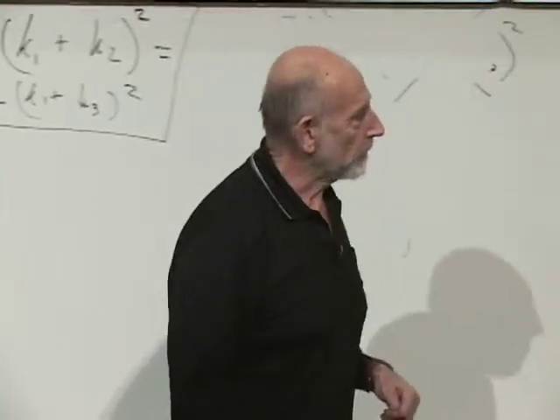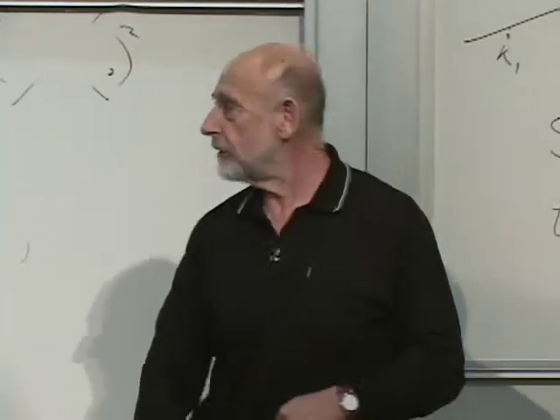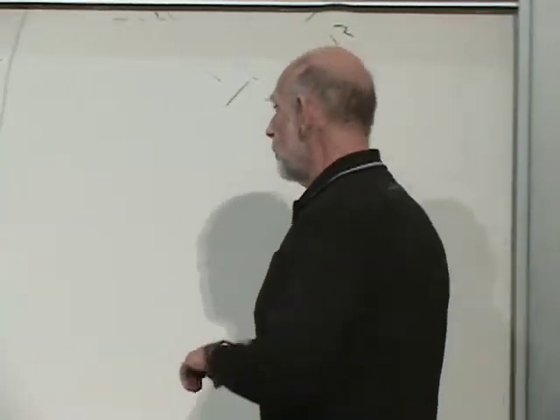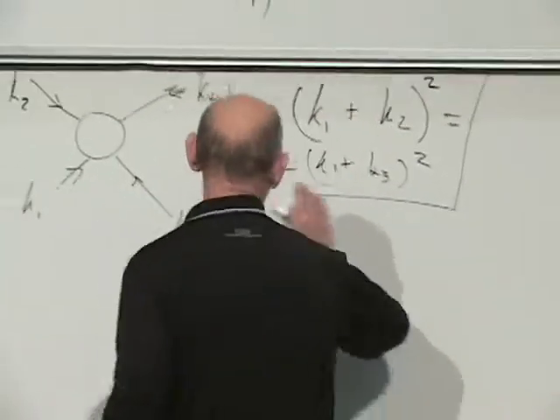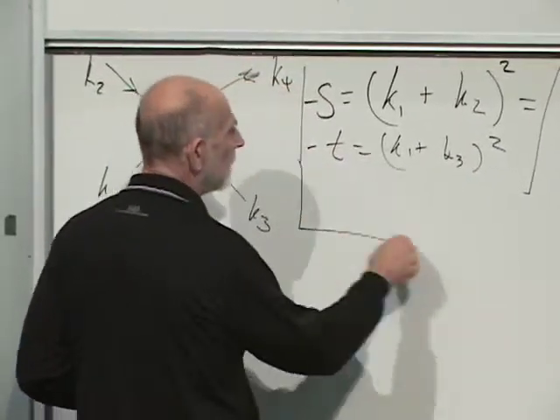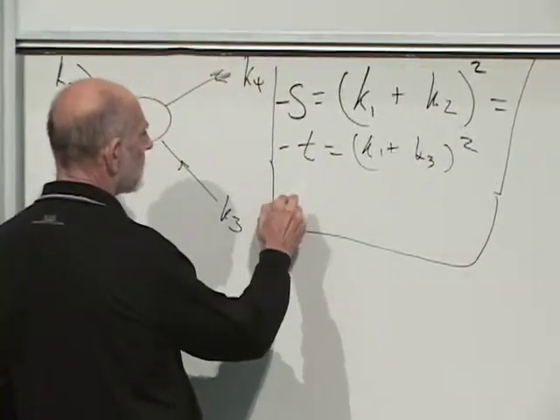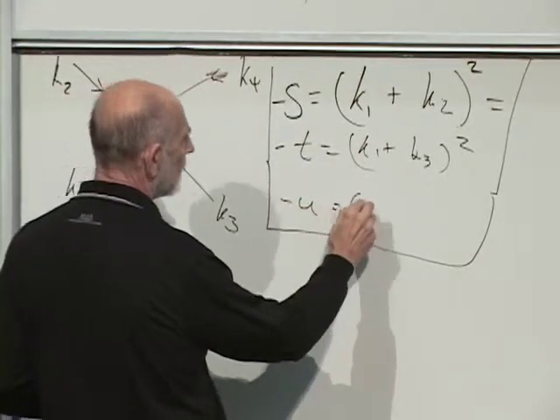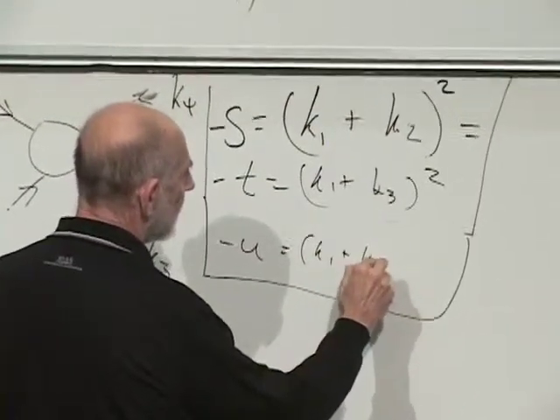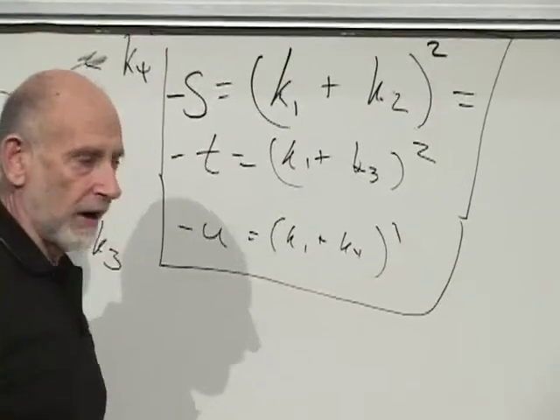All right, these variables S, T, and U, those are called Mandelstam variables. And they're very symmetrically defined.